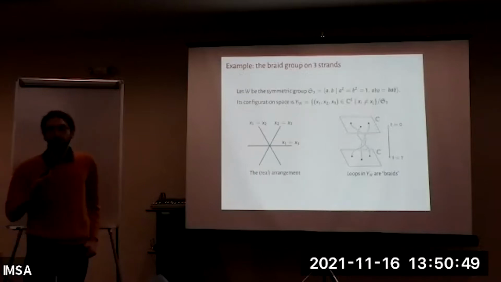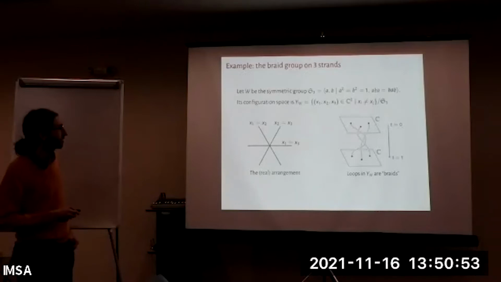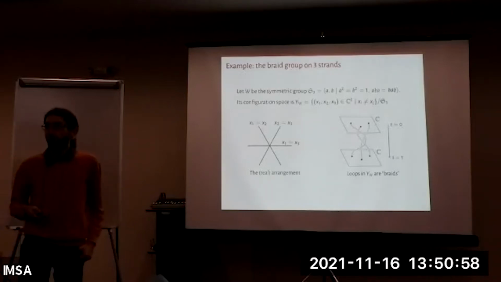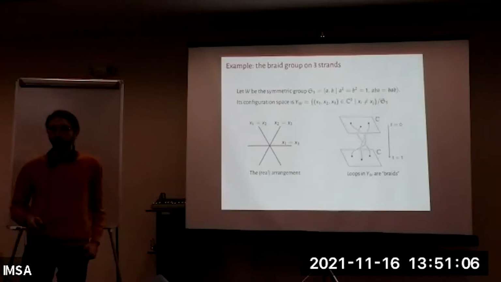The most fundamental example being the case of braid groups, where W is the symmetric group on 3 letters, and the corresponding Artin group is the braid group, which is the fundamental group of the configuration space.